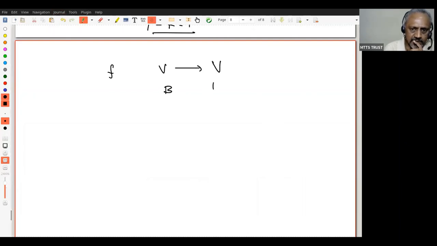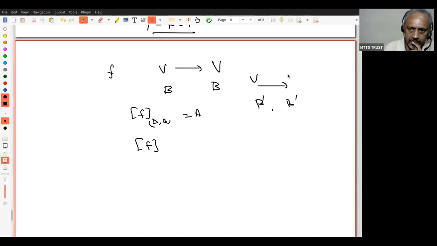With respect to this basis B, I'll have a matrix, call it A, and with respect to another basis B dash, I'll have a matrix. Since I already used B, let me call it C.